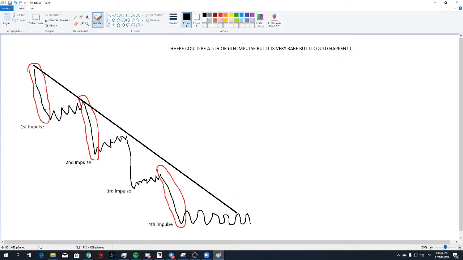It could keep dropping, but after that range, it will start all over again, from the 1st impulse to the 4th impulse. Okay. So you confirm that the 1, 2, 3, and 4 impulse has finished when you see a range.